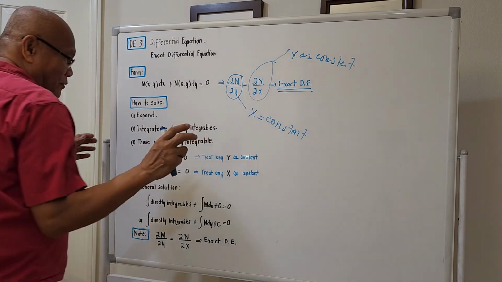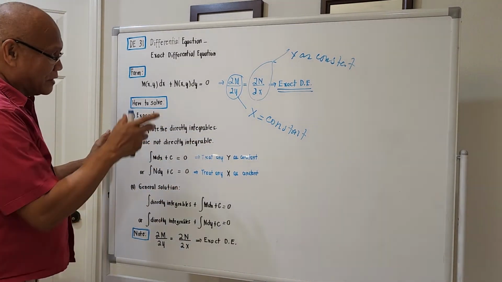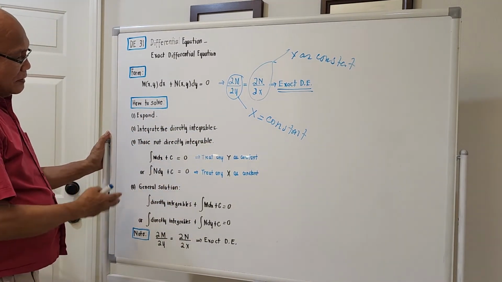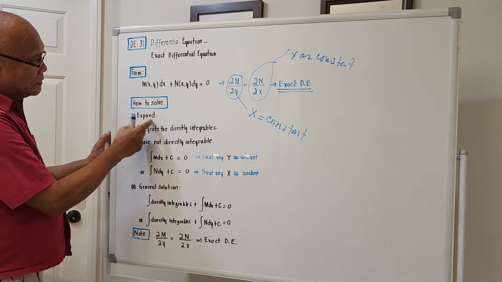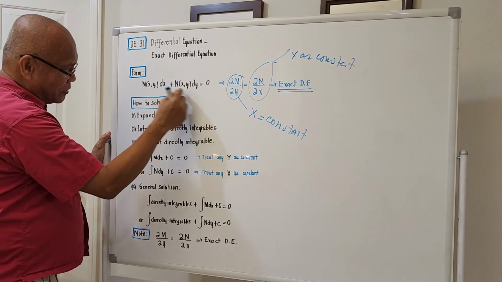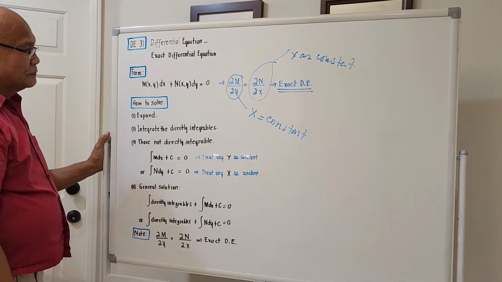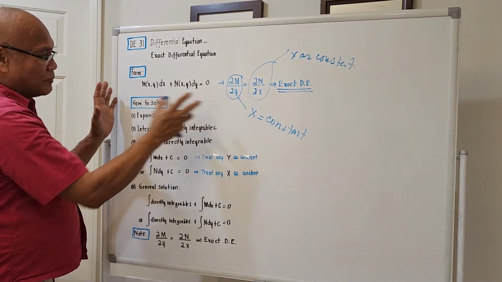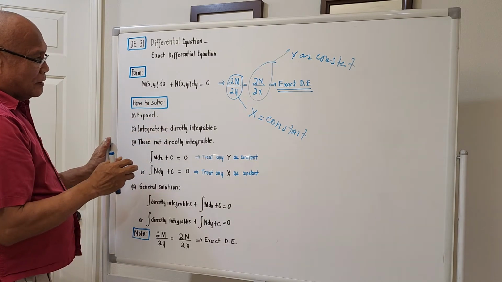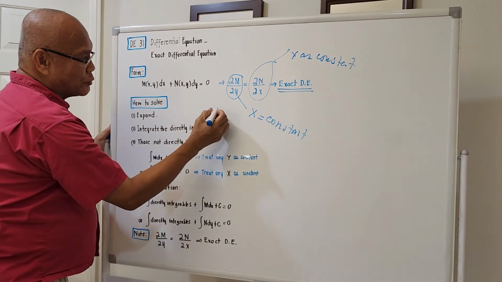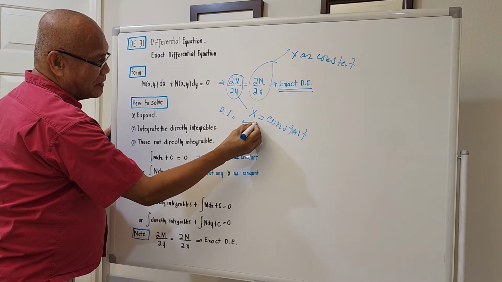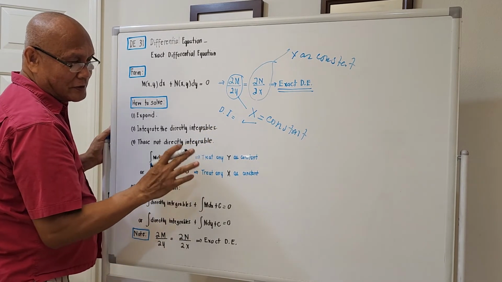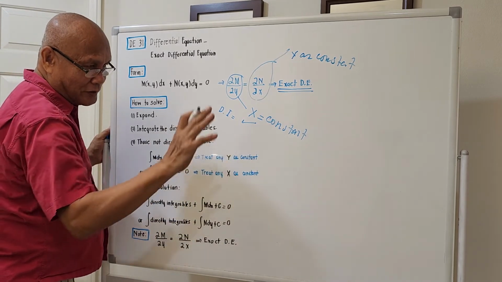Let's try to bring out the proper concept on how to solve this exact differential equation. I summarize the sequence. Number 1, expand the resulting differential equation. After the expansion, there are terms which are directly integrable, meaning there are terms that could be integrated directly.